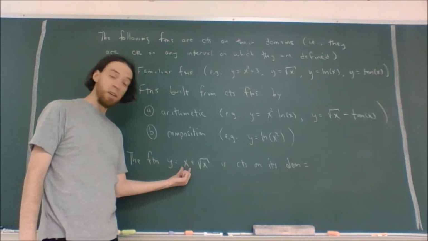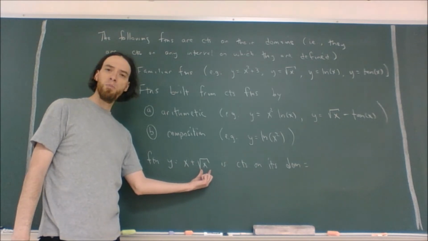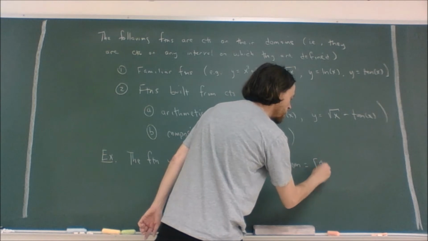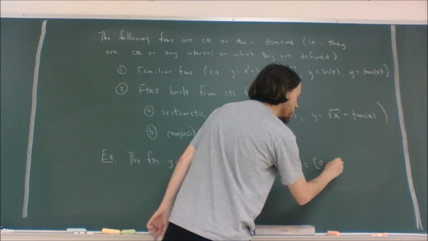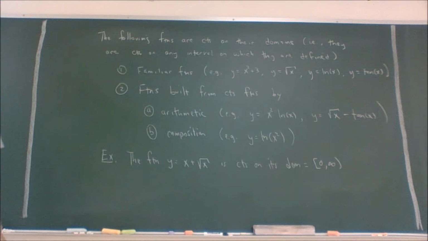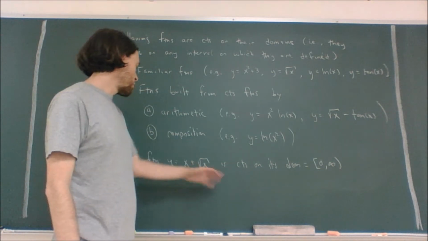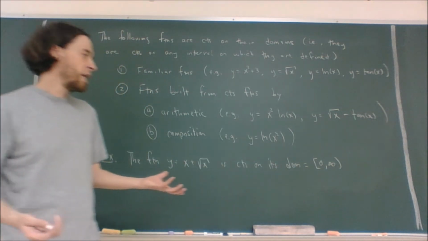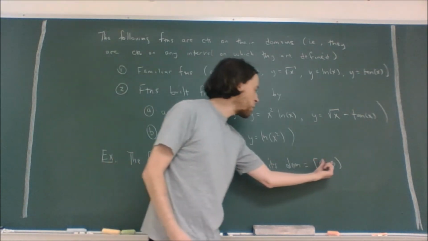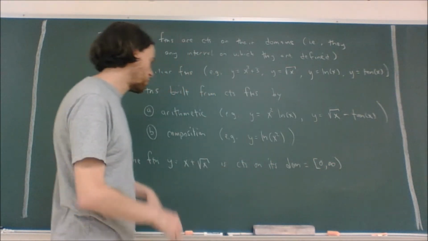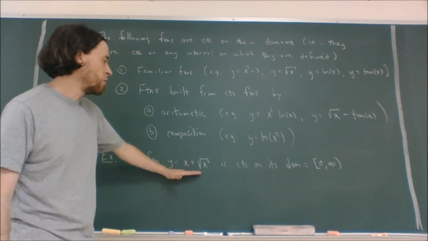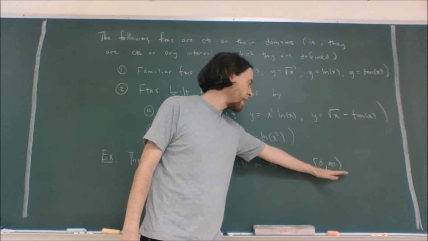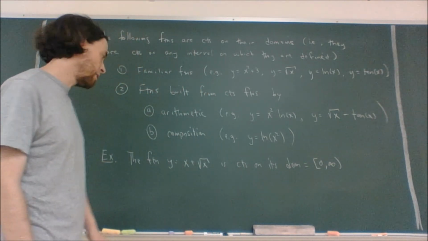We can plug anything in here, but only numbers bigger than or equal to 0 here. So its domain is 0 to infinity, including 0. Okay. So, of course, this means that this function is also continuous on any interval contained in this domain. So we could also say something like this function is continuous on the interval 1 to 2, right? Because that sits inside of the domain there.